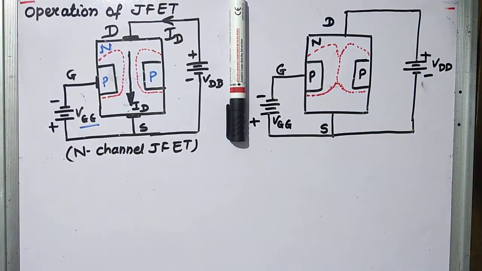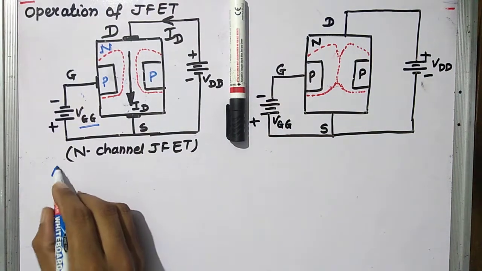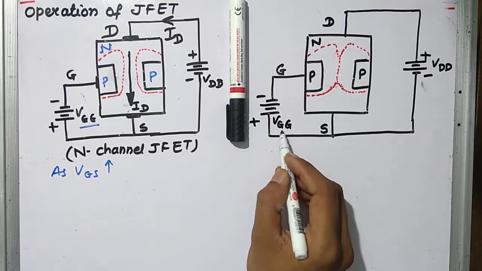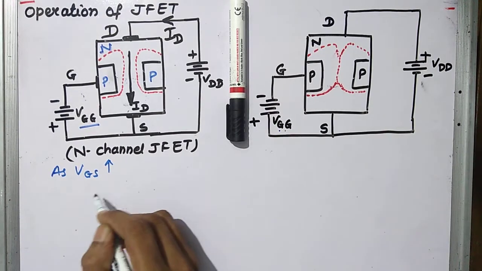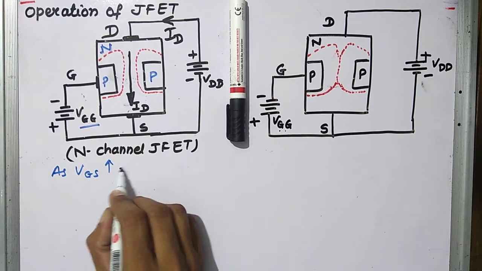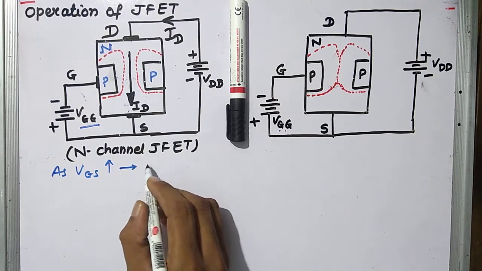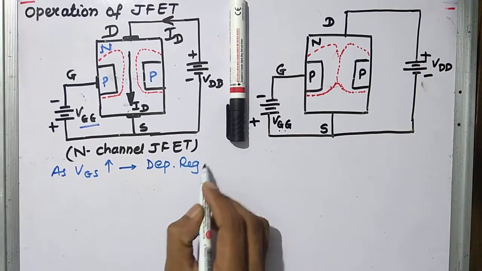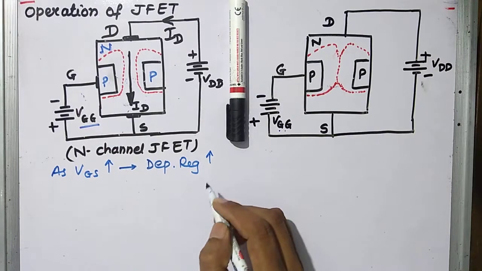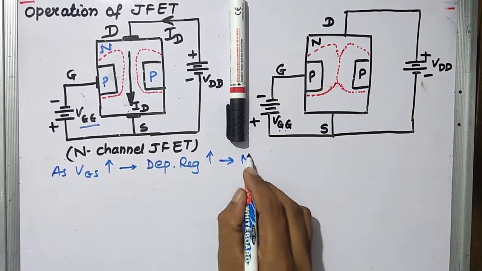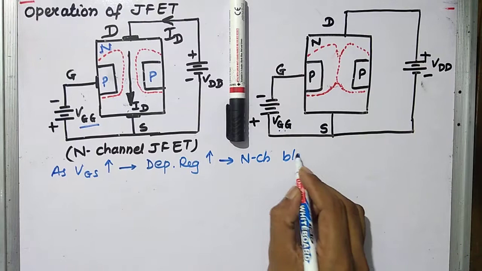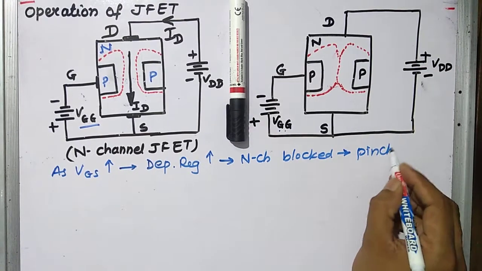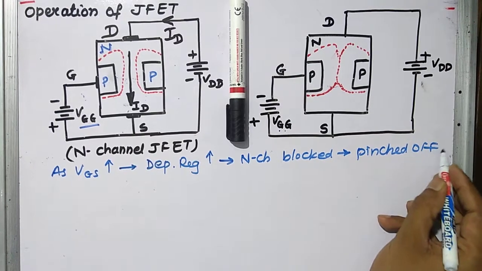So when the channel is pinched off, what I am saying is that as VGS is increasing, or we can say VGG, a stage is achieved when the depletion region increases such that the N channel is blocked, or that is, we say, pinched off.